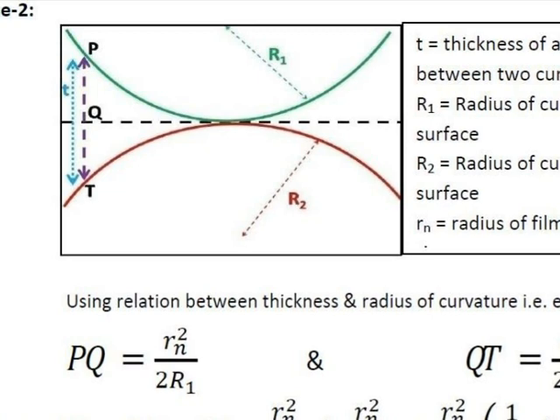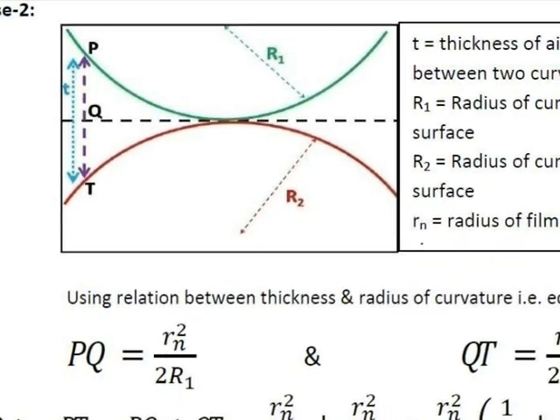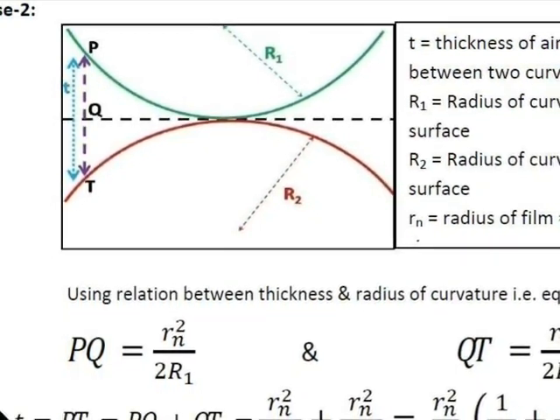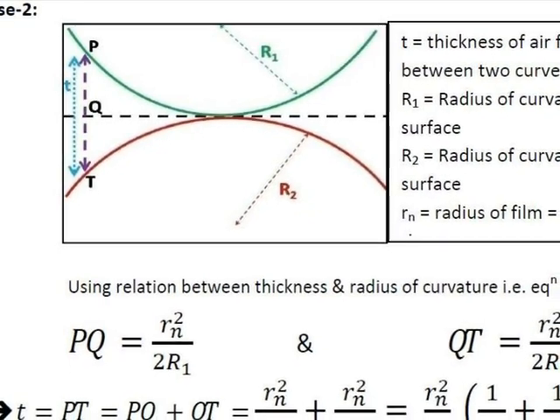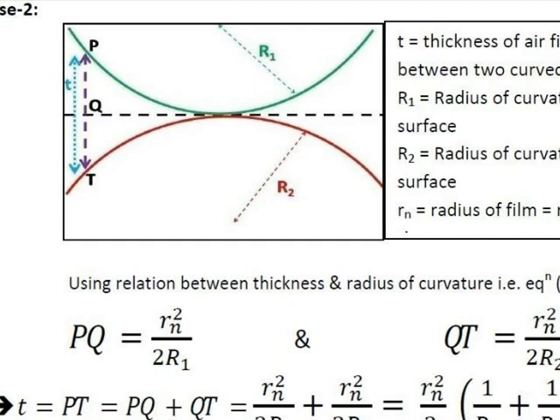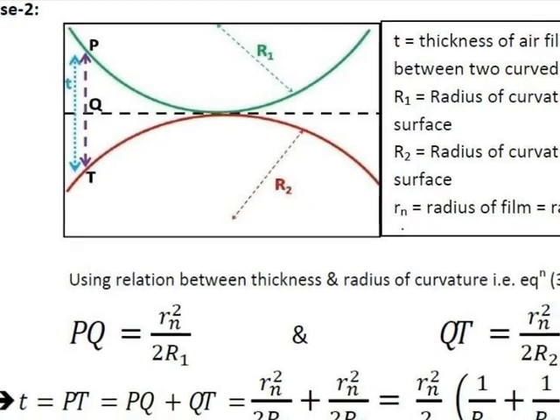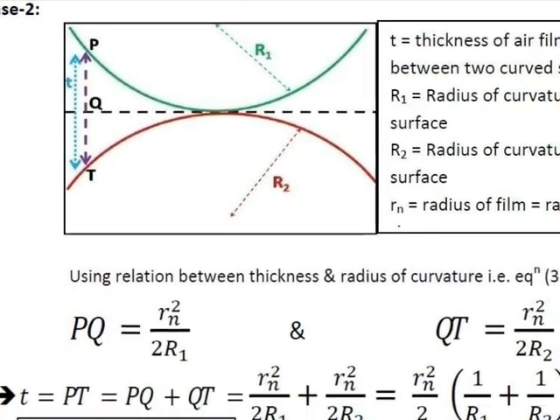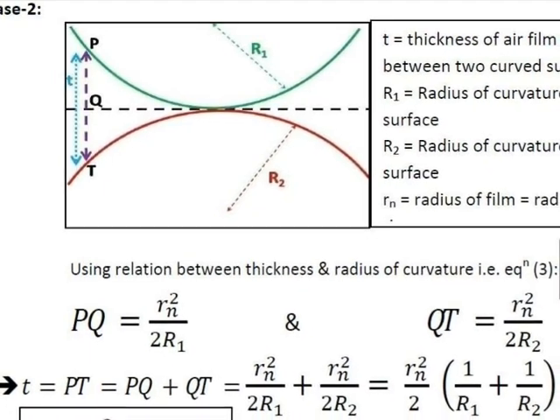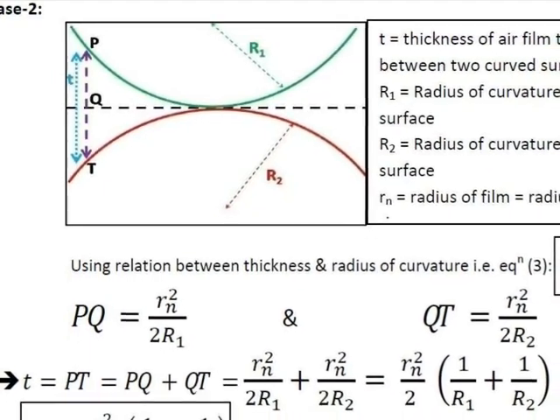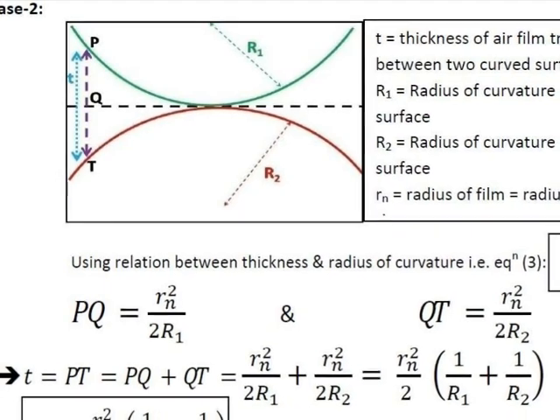Now consider the red surface. What is the thickness of film enclosed between this red surface and the dotted line? Qt. Apply the formula for t. Qt is equal to rn square by 2R2, because radius of curvature of red surface is R2. So what is the total thickness of air film trapped between red and green surface?